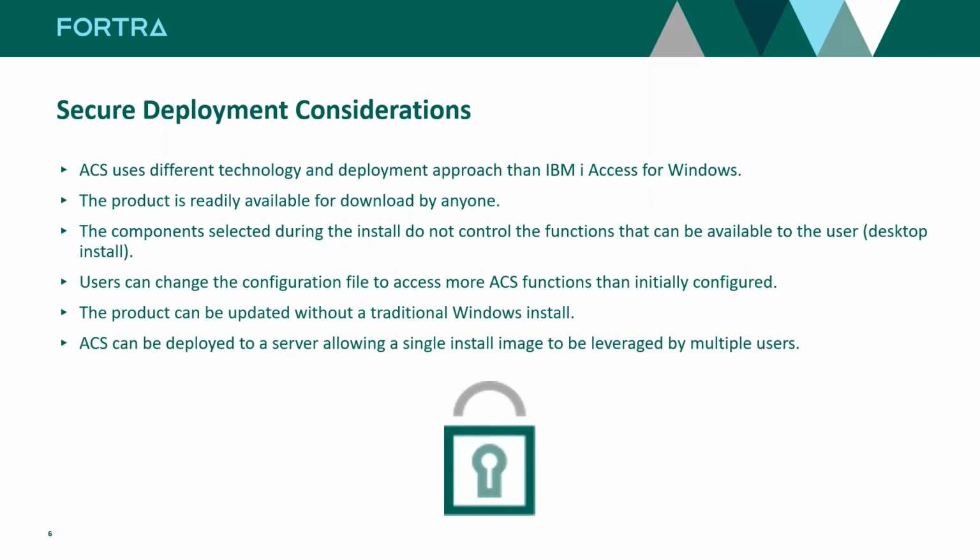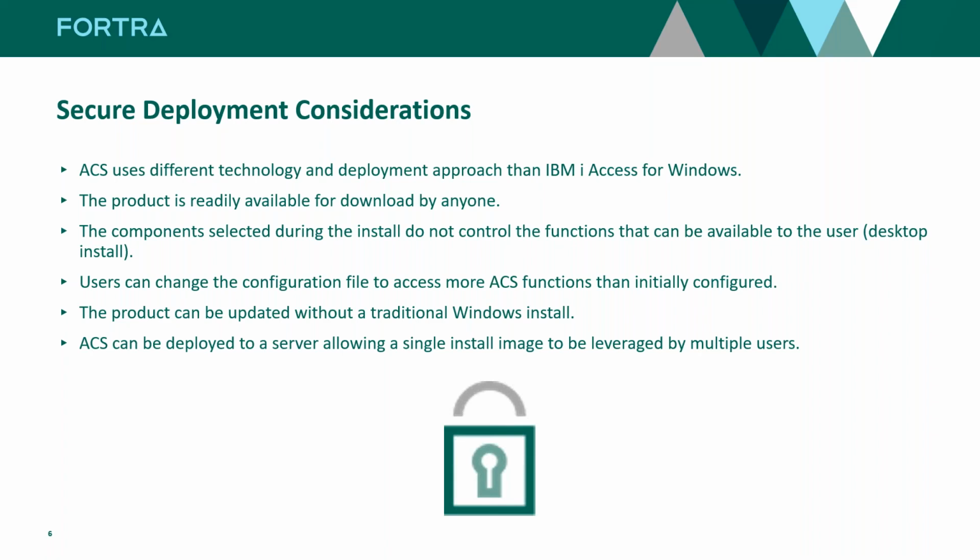So some of the things to think about when addressing the secure deployment and use of ACS is that it uses different technology, Java, and deployment for the base product of ACS doesn't use a Windows install.